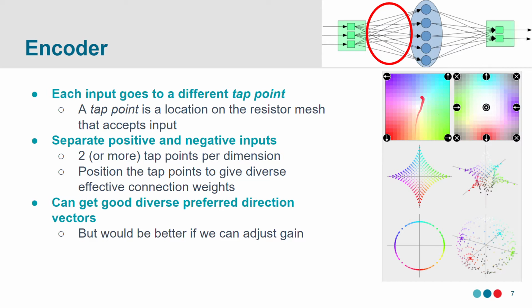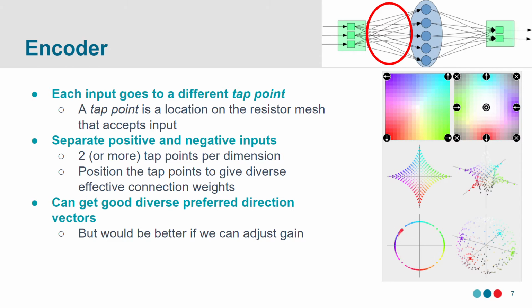Even though it's on this resistor mesh. And so that would be equivalent to scaling points out from the origin. Okay, and that's how we can get this bottom graph.